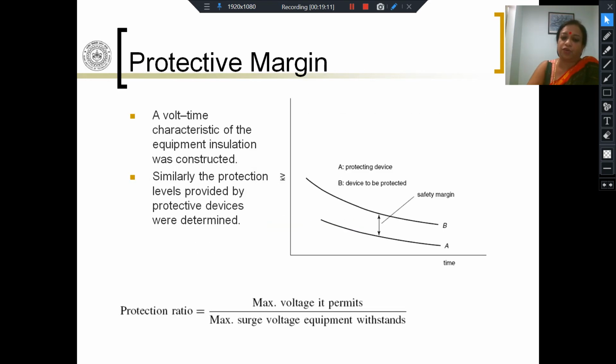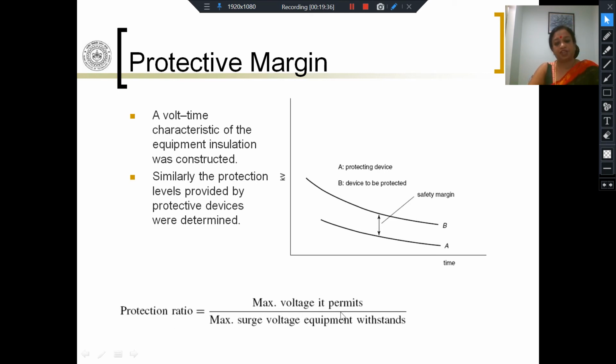And therefore, we don't work with insulation levels exactly equal to VA. We leave a safety margin so that even if voltages greater than VA appear across the system, it will still be able to withstand, because not until you reach VB, on this volt time characteristic, will your insulation break down. And so this is the safety margin and this is the protection ratio.